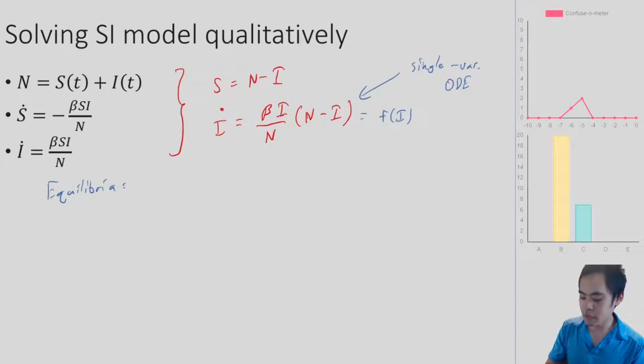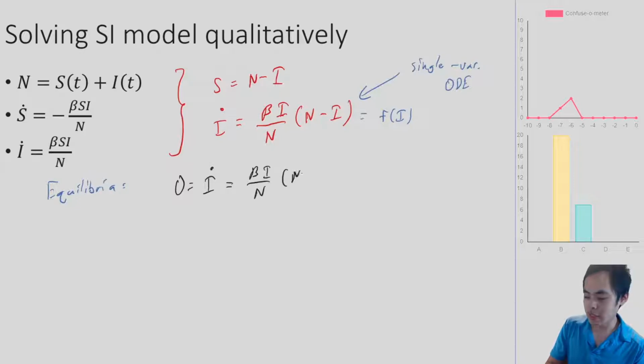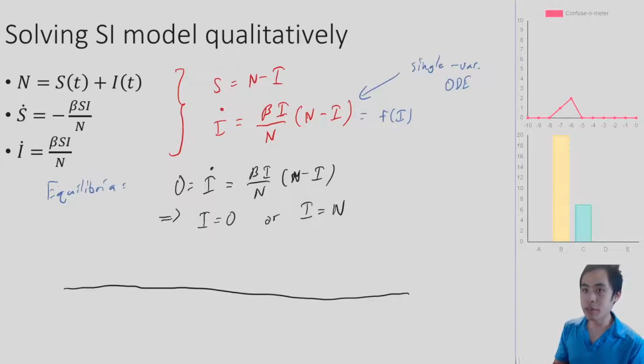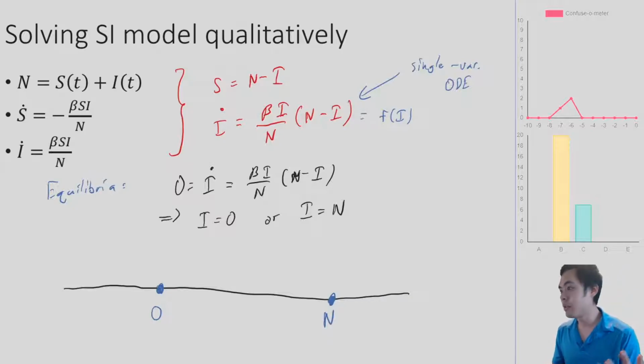We have 0 is equal to I dot is equal to beta I over N times N minus I. So one of those terms has to be equal to 0, which implies that I is equal to 0 or I is equal to N. So we end up having two equilibria based on this model. And what does it look like? Well, you have one equilibrium here at 0 and one equilibrium here at N. And we want to figure out the stability of these two.